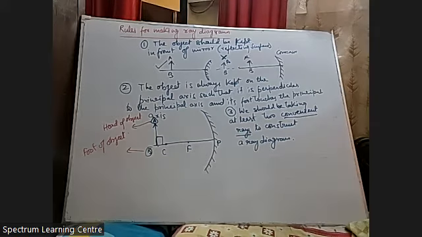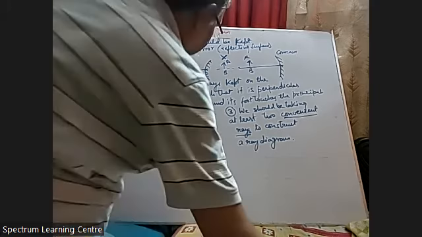Now, in point number 3, I have underlined convenient rays, right? Now, let's see what the convenient rays are, basically.